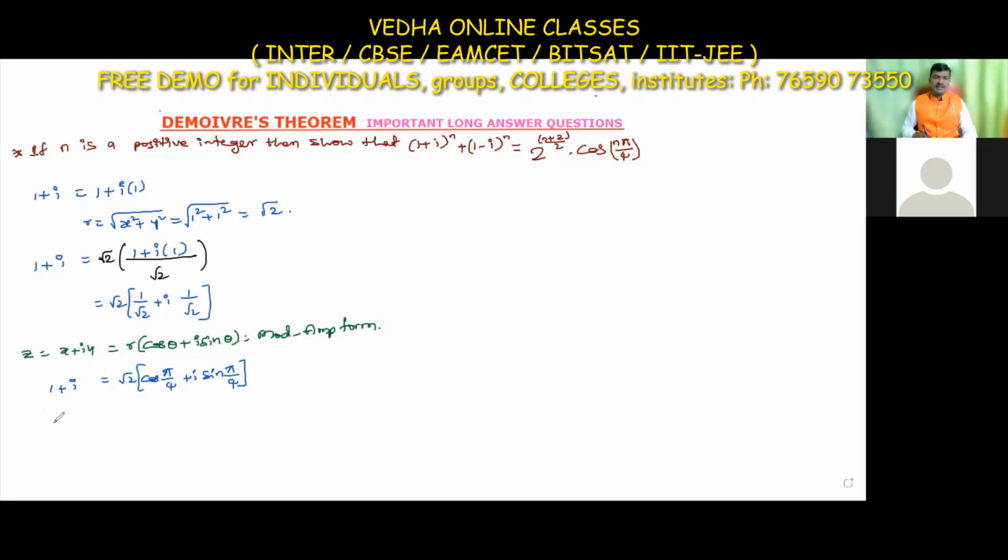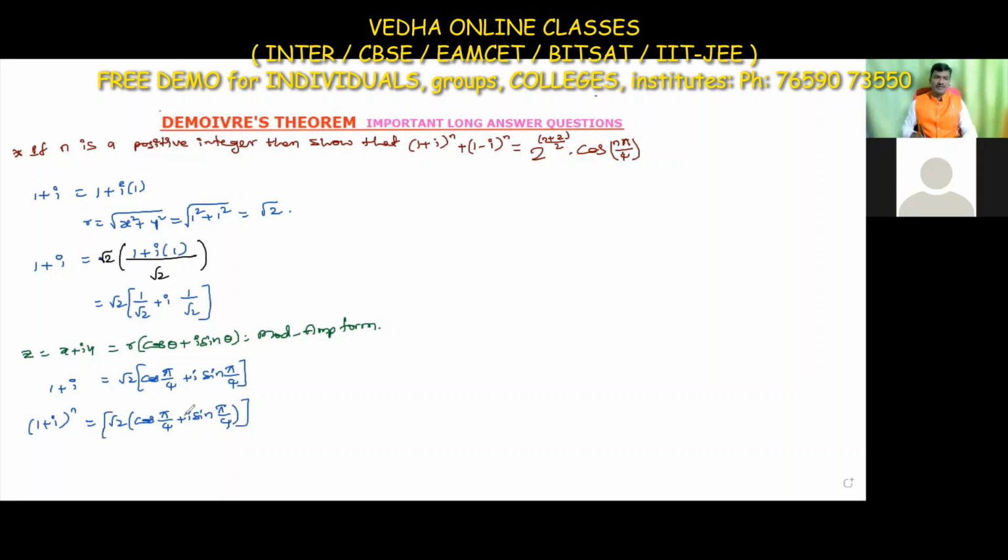Now I am finding (1 + i)^n: [√2(cos π/4 + i sin π/4)]^n.